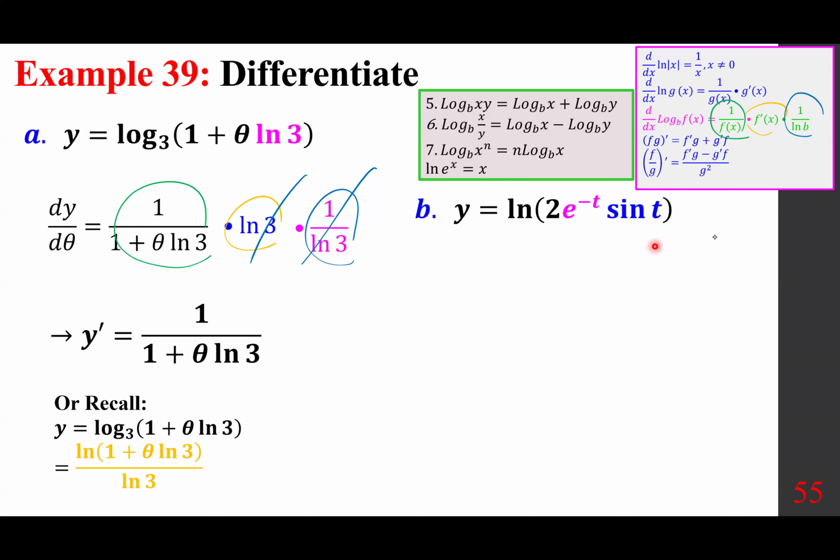So how do you do that? Cut it into pieces. Use the product rule: ln of this plus ln of this plus ln of the final piece. This is algebra: ln 2 plus ln of e to the power minus t plus ln of sine t.